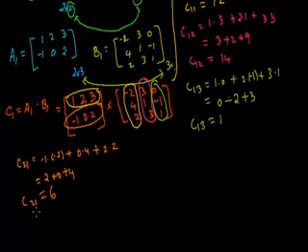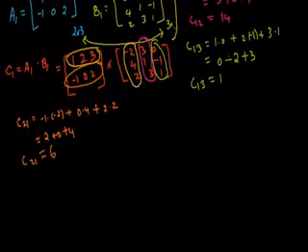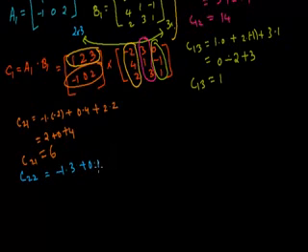C21 is 6. What is C22? Minus 1 times 3, plus 0 times 1, plus 2 times 3. That is equal to minus 3 plus 0 plus 6. And that is equal to 6 minus 3, which is 3.